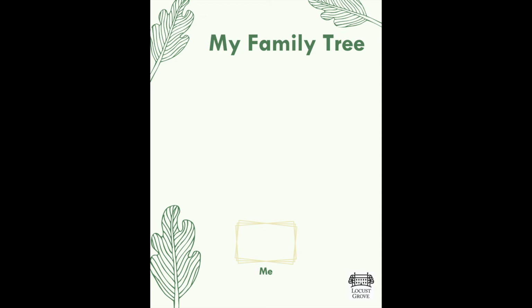But what would come after you on your family tree? Your parents. So you would put your parents above you in your family tree. So in the worksheet, you see the parent boxes above you. In those boxes, you'll put your parents' names, and if you know their birthdays and where they were born, you could put that information in as well.